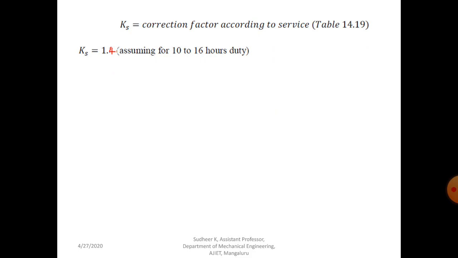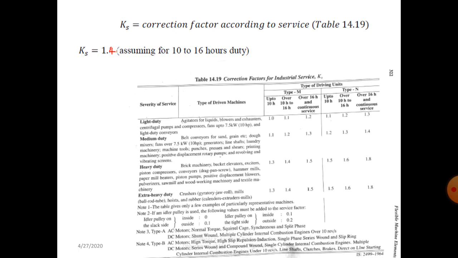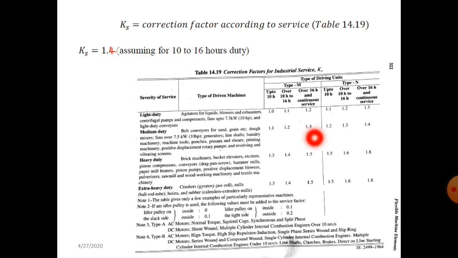So you'll get this value from table 14.14. Some of the data they have given: high duty, and whatever the condition they have given, 10 to 14 hours per day heavy duty. So now we'll look at this table. You will get this table from page number 322 and table 14.14. So under that heavy duty, you can see here.